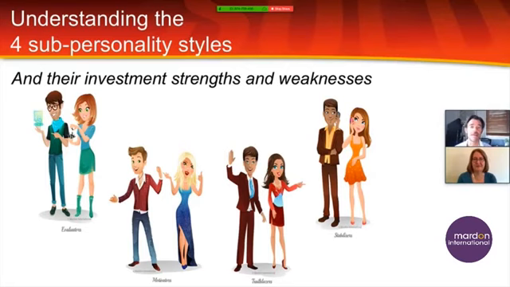We start to see the parts that drive the behaviors that undermine our investing results, and we start to see the sub-personalities or the parts of the personality that support us in creating the investment results that we want. And this is just part and parcel of developing emotional intelligence and the ability to self-regulate the way we behave and act as investors.